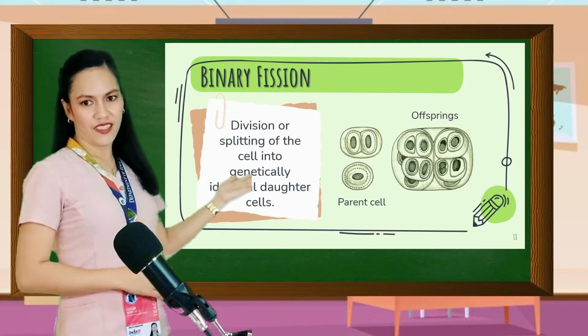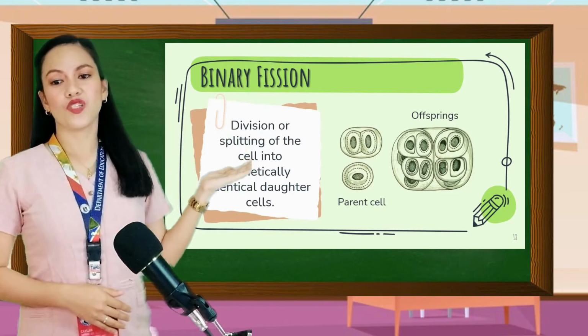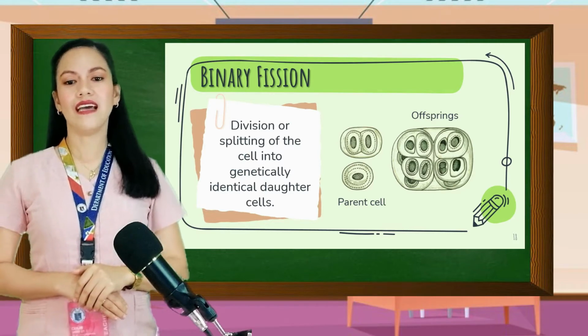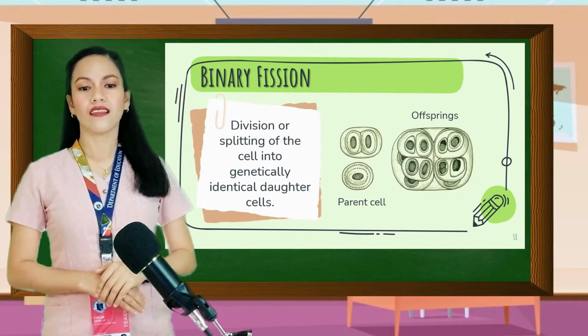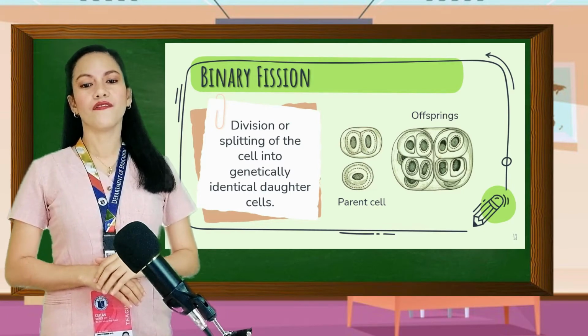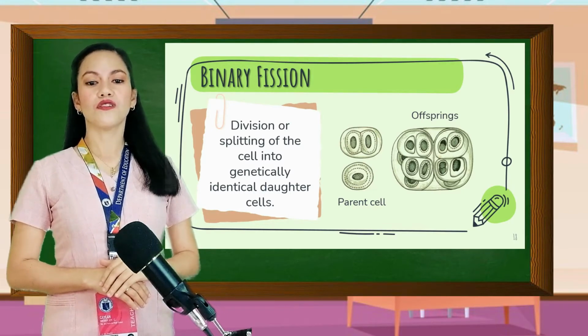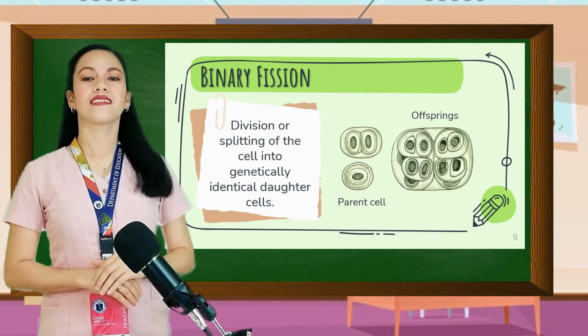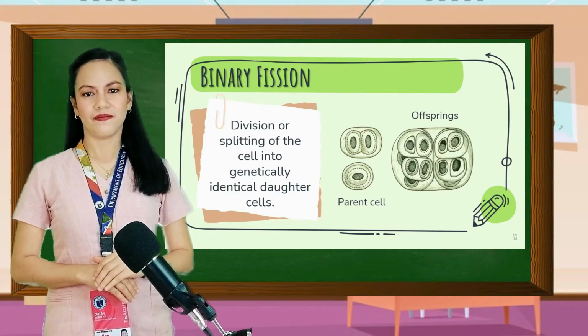On this picture, a protococcus, which is a round single-celled green alga, divides its cell into new identical daughter cells. Each of the daughter cell continues to grow until they become as large as the parent cell.